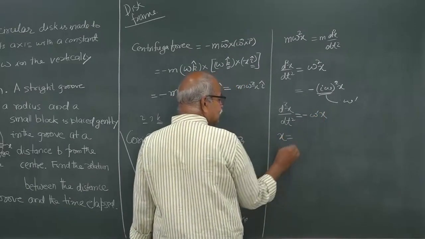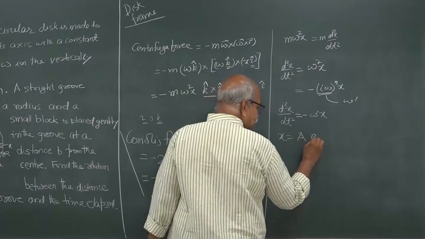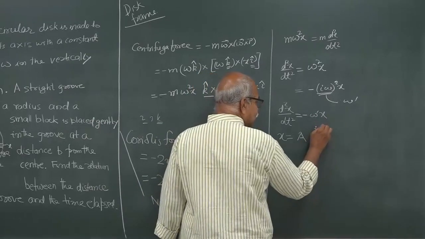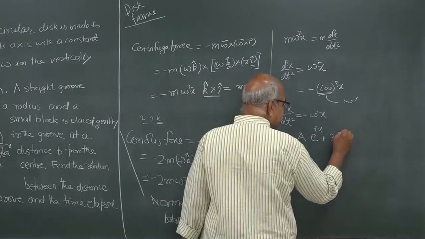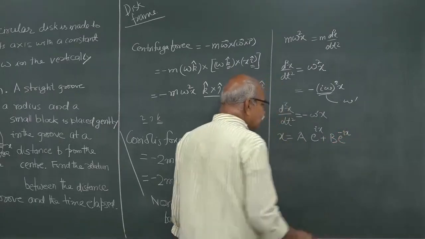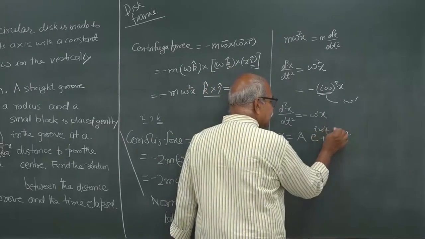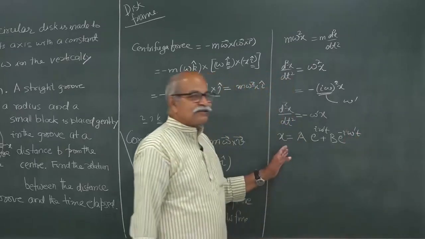The solution is x is equal to A e to the power i omega prime t plus B e to the power minus i omega prime t. This is x.